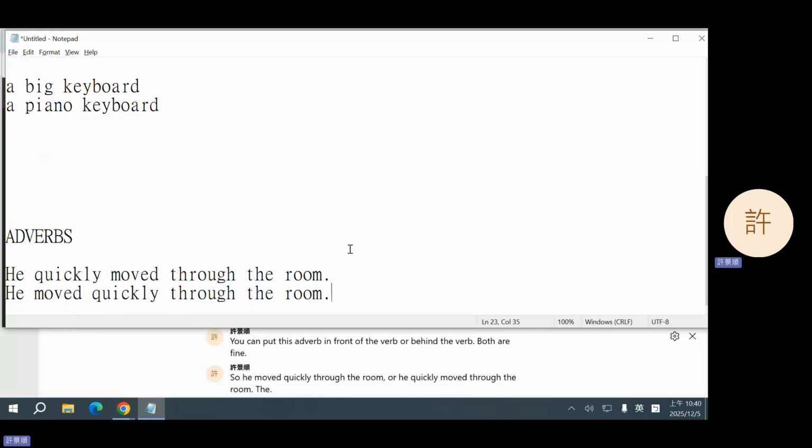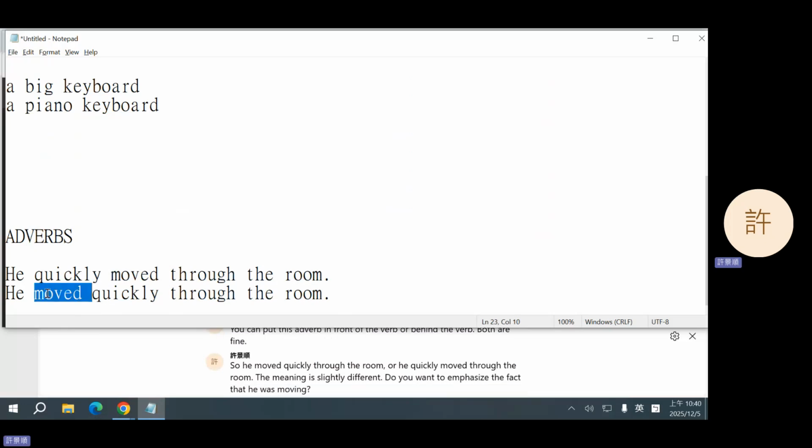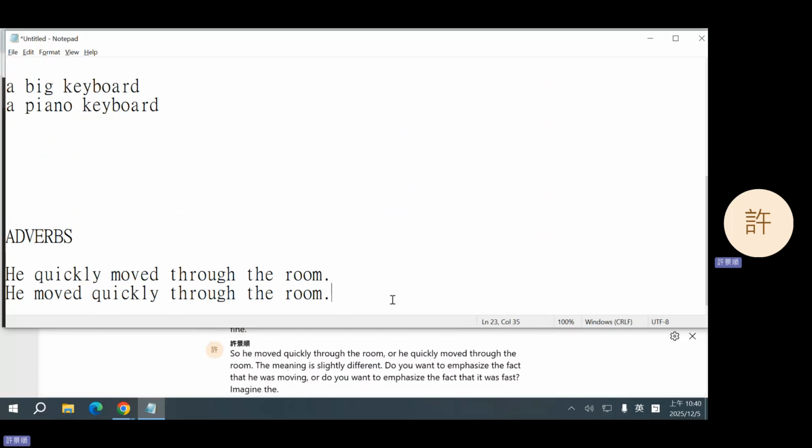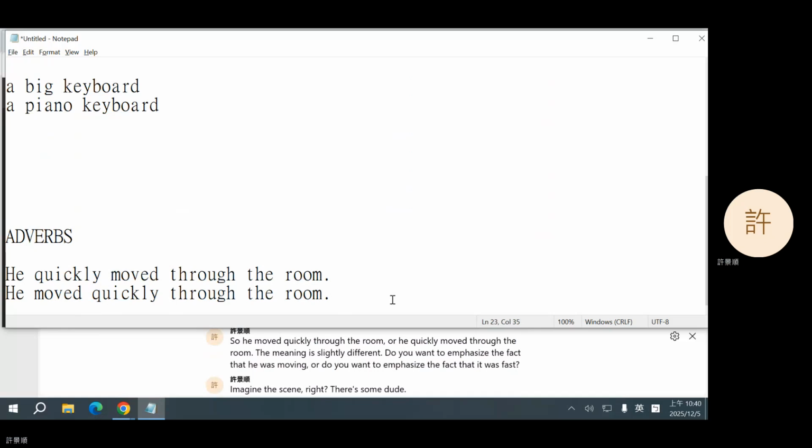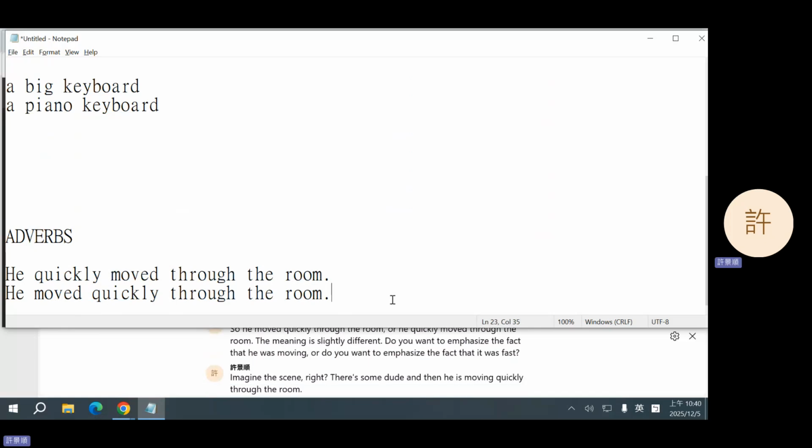The meaning is slightly different. Do you want to emphasize the fact that he was moving? Or do you want to emphasize the fact that it was fast? Imagine the scene, right? There's some dude, and then he is moving quickly through the room. What do you notice first? The fact that he's moving or the fact that he's fast?